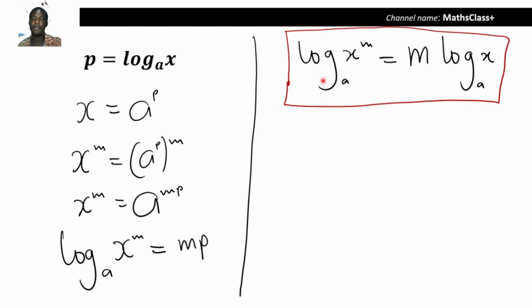If you have log of a number, in this case we have the log of a number x to the exponent m, what will happen is the m will drop to multiply the log of that number. So that is the third law of logarithm.